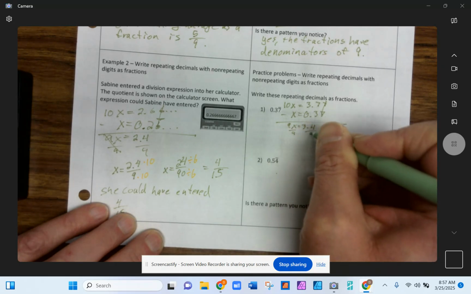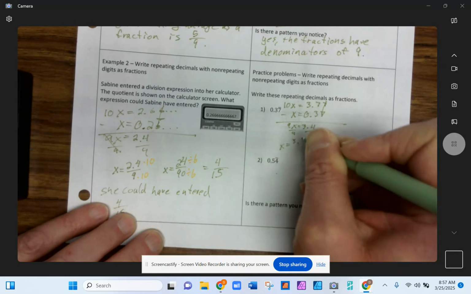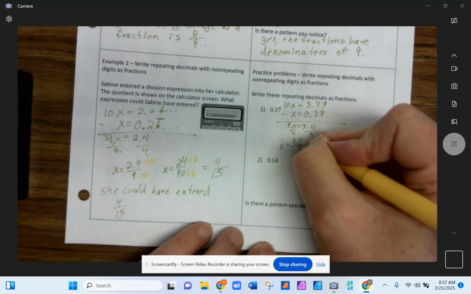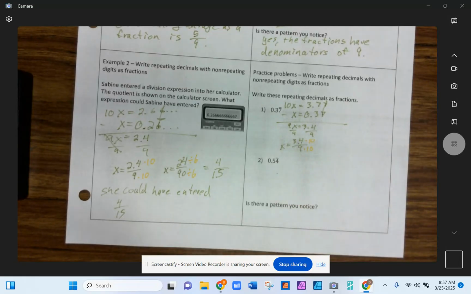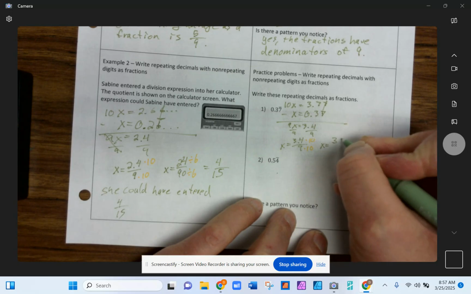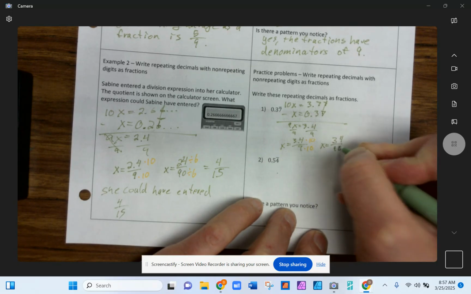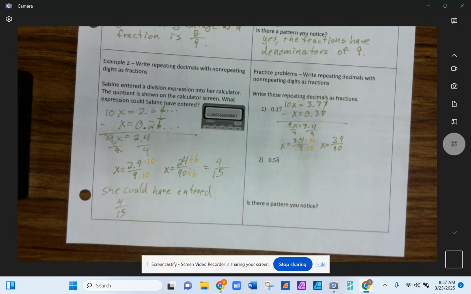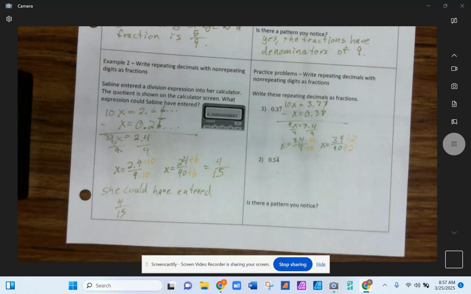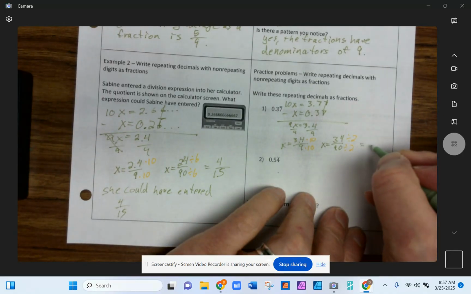We divide by 9 to get to x equals 3.4 over 9. And then, because we don't want decimals in our fraction, we multiply the top and the bottom by 10. If we do it on the top and the bottom, that maintains the integrity of the problem. So we get to 34/90ths, and we'll want to simplify that. We'll just divide the top and the bottom by 2, and we'll end up getting 17/45ths.